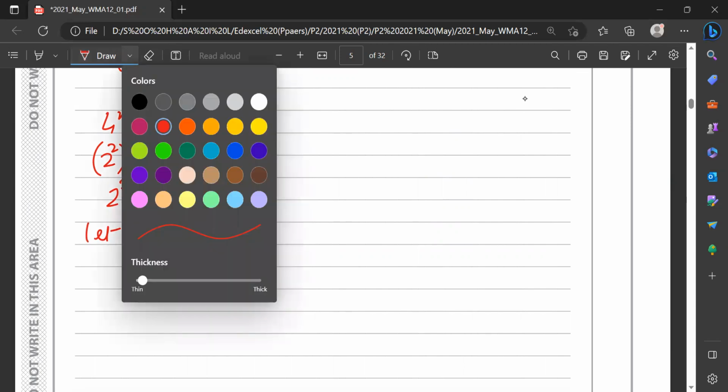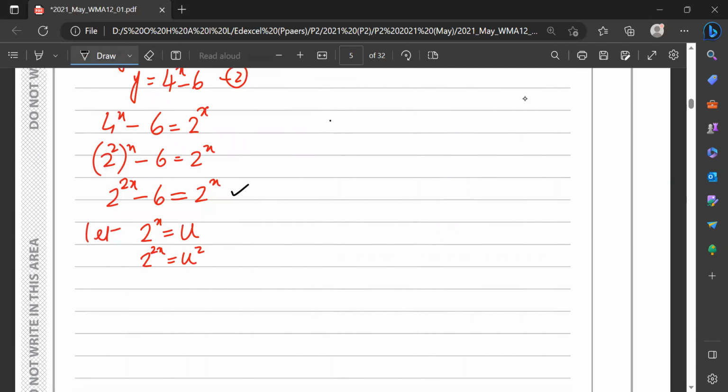First we equated y, and as a result we obtain an equation containing 2 power x and 2 power 2x. The smaller one is 2 power x, so I'm taking that as u. If u is 2 power x, then by squaring both sides, u squared is 2 power 2x.